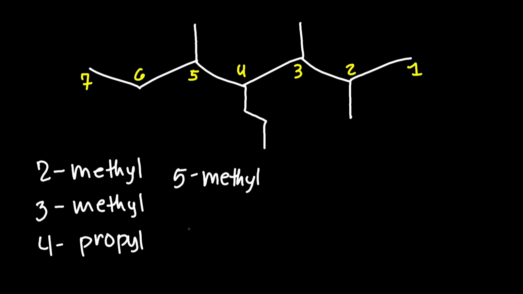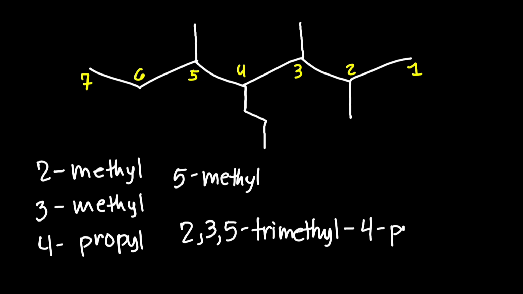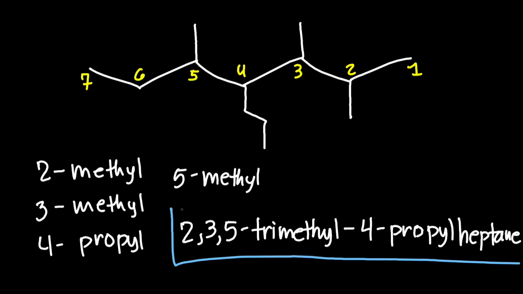So this would be 2, 3, 5 dash trimethyl, since they are 3 methyl, and put a dash 4 dash propyl. And our main parent chain has 7 carbon atoms, which is heptane. So this would be your name structure.